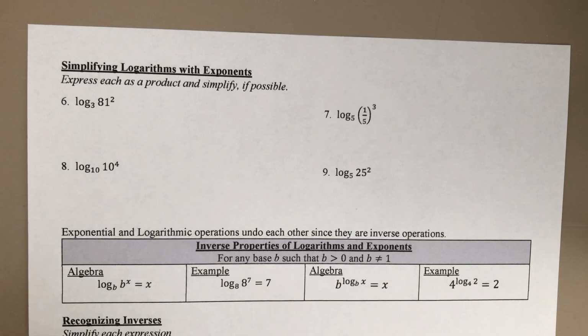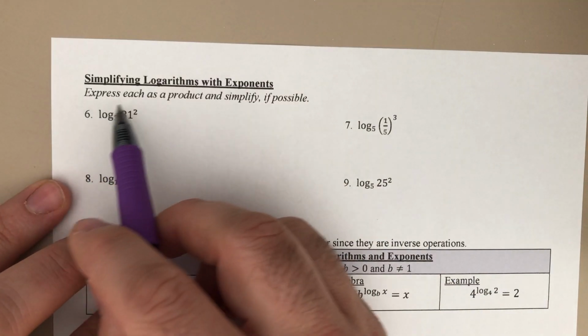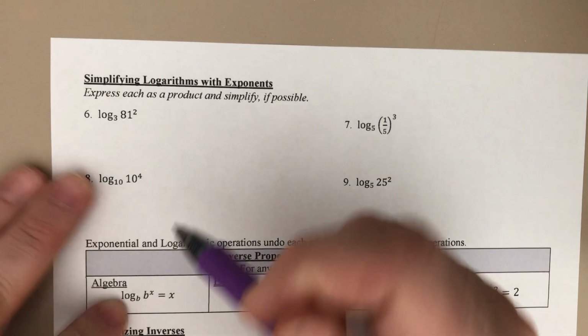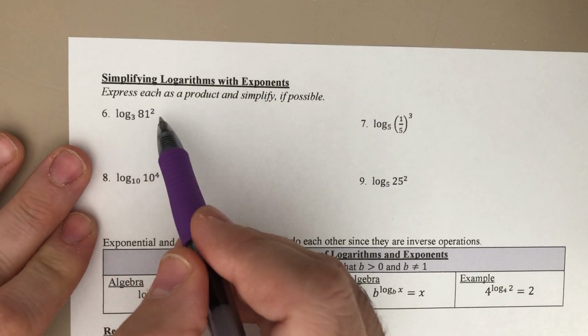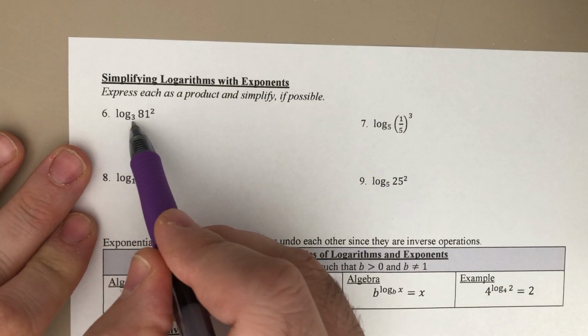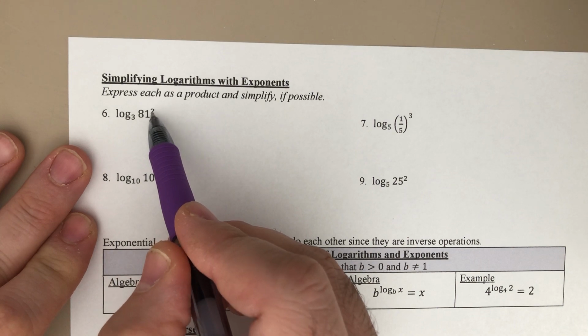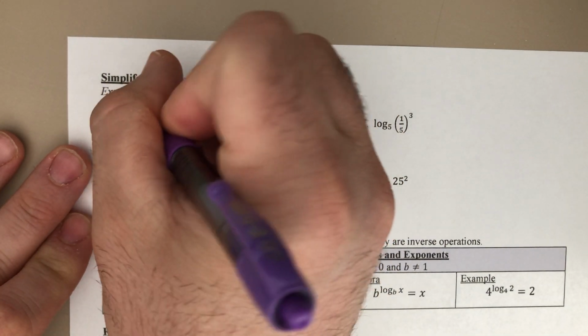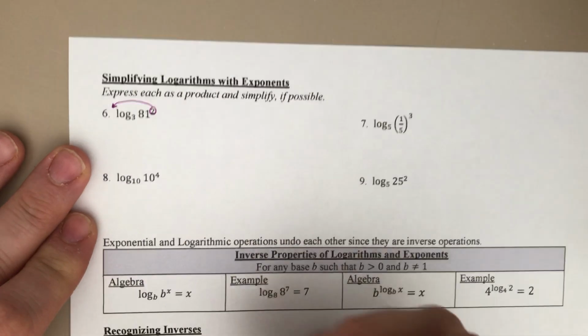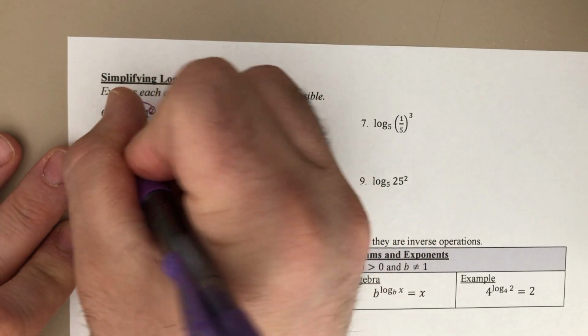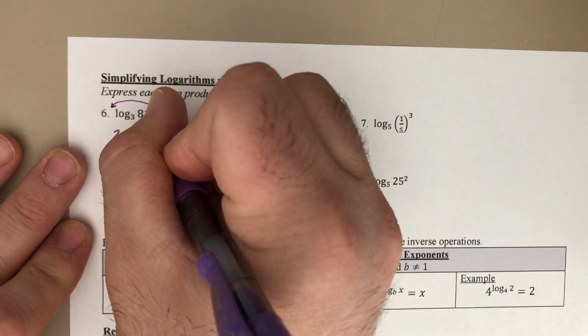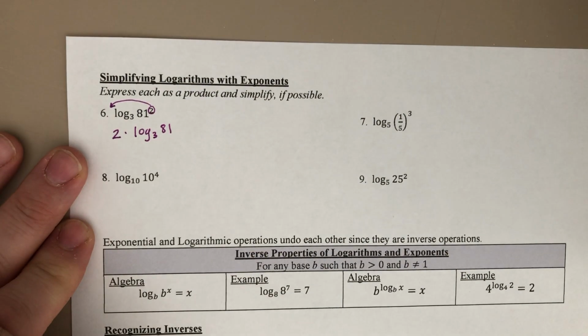Okay, so let's see some of those. This is now the back side of these notes. See if we can get through these couple pretty quick. All right, so express each as a product and simplify if possible. So here it is. This is an example where the number that we're taking the log base 3 of is raised to the power 2. So that 2 basically migrates to the front, and you would say that's the same as 2 times the log base 3 of 81.